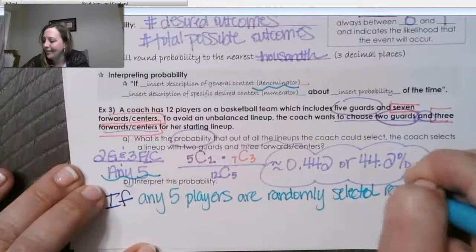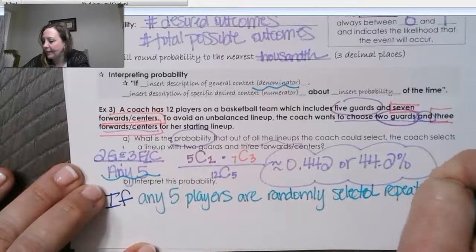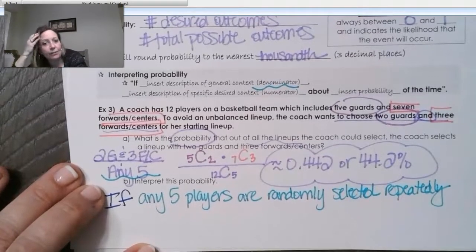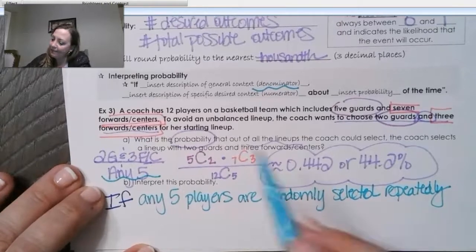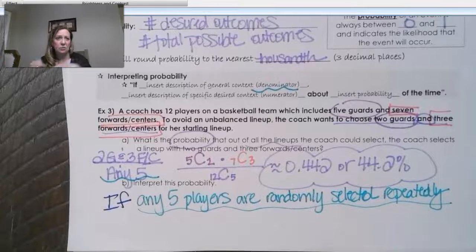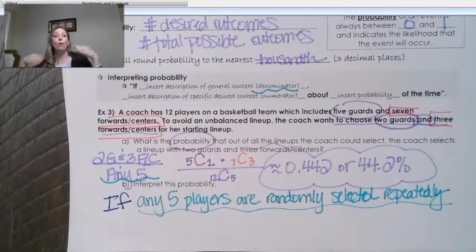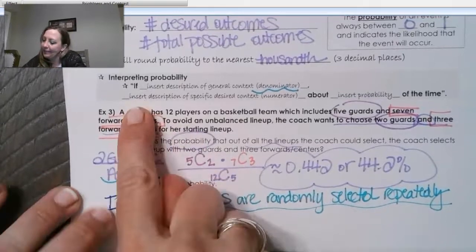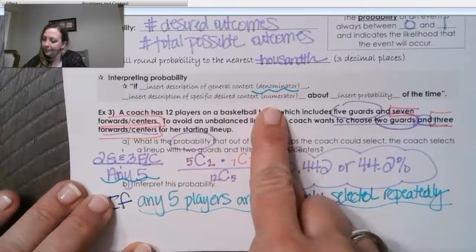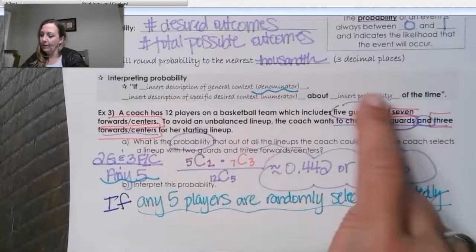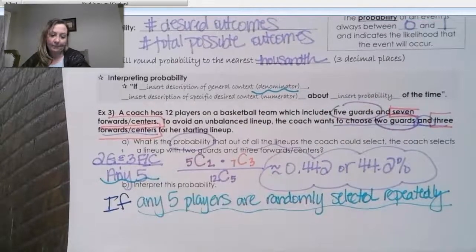and again, the idea of probability is if it would happen like if we did it an infinite number of times. So we'll just say if any 5 players are randomly selected repeatedly, which means this wouldn't be a one-time thing, but over time, if this were to happen. And then we basically say that our numerator would occur about a certain part of the time.